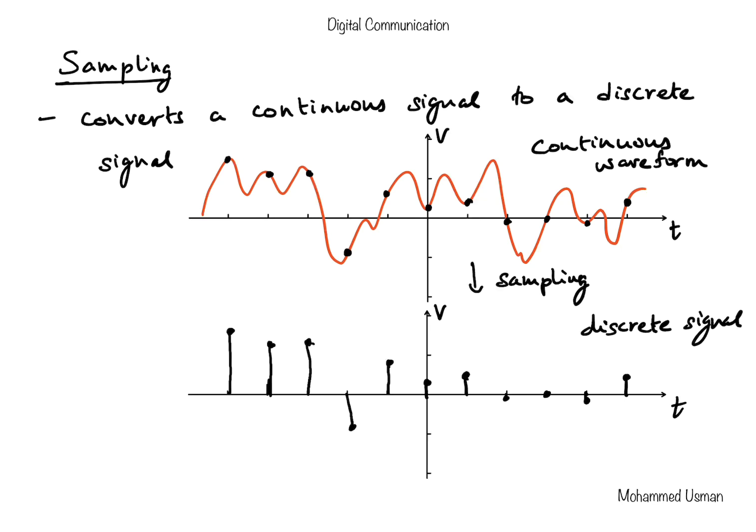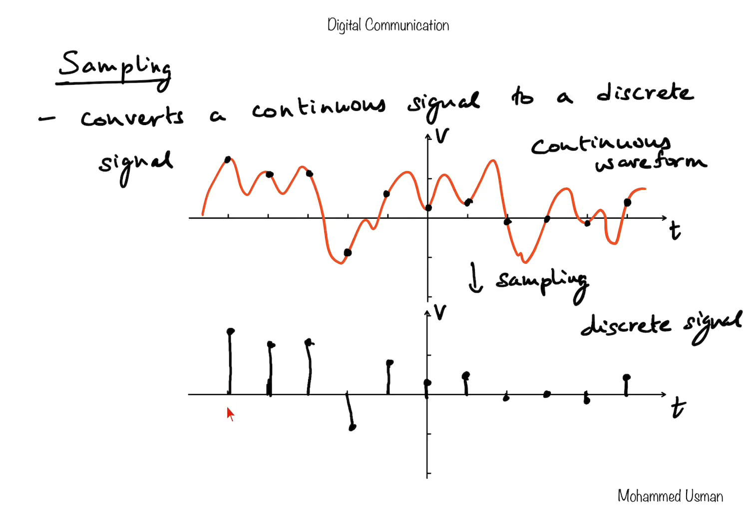So sampling converts a continuous signal or a continuous waveform into a discrete signal, and that is the first step in analog to digital conversion, which is the discretization of the time axis. So we see in the original analog waveform, the signal is defined for all values of time, but in the discrete version, the signal is defined only for specific instances of time.